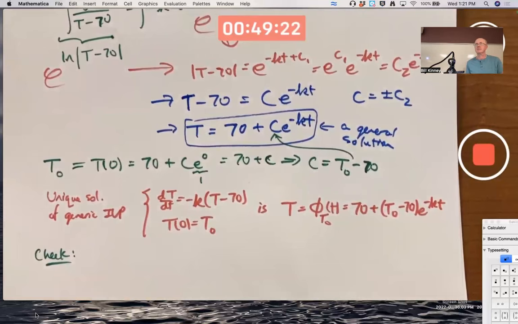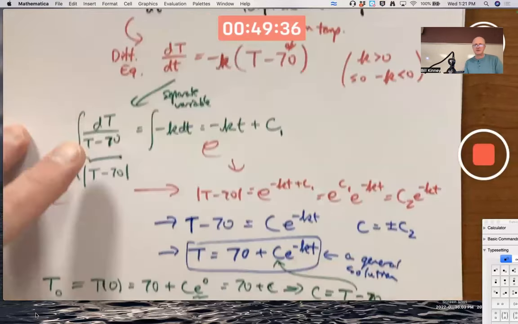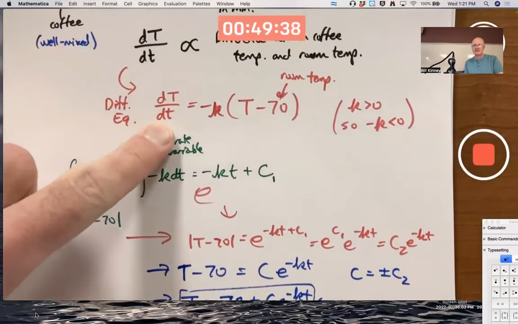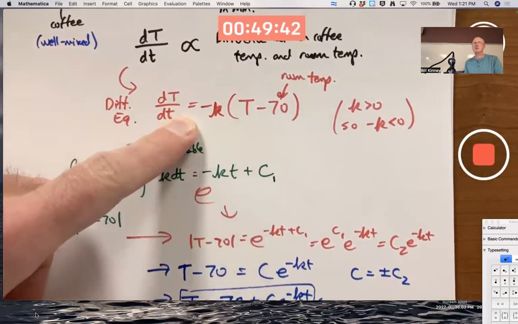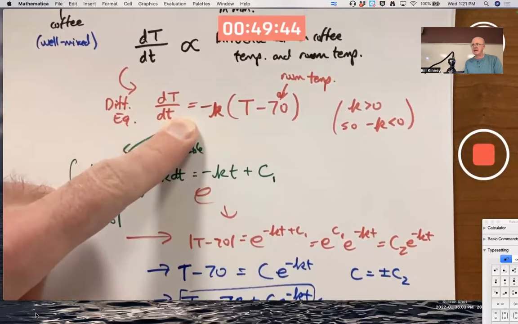You should be able to do both. Usually we're checking things are solutions. And with the examples that we've done and will continue to do, you always check it in the same kind of way. You look back at the differential equation, left-hand side, right-hand side, substitute the function for the dependent variable, in this case, capital T.